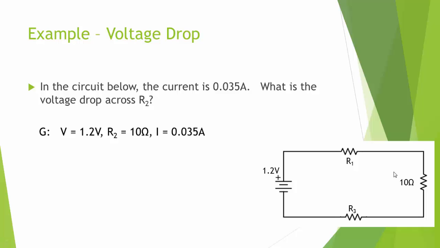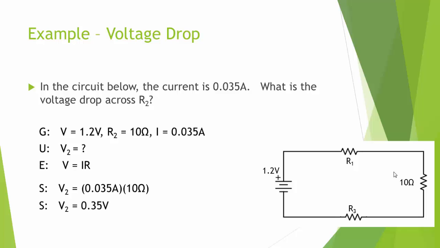And so knowing that we've got 1.2 volts, we know the resistance is 10 ohms, we know the current is 0.035 amps, and we just need to find the voltage drop for that particular resistor. V equals IR, the voltage is 0.35 volts. So of that 1.2 volts, this resistor uses up 0.35 of those volts. The other two use up the rest, of course.